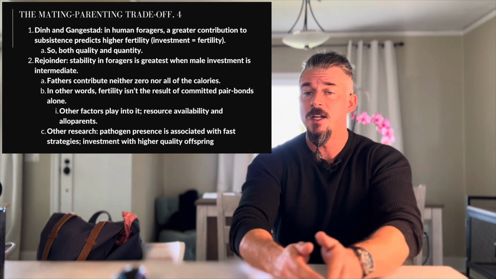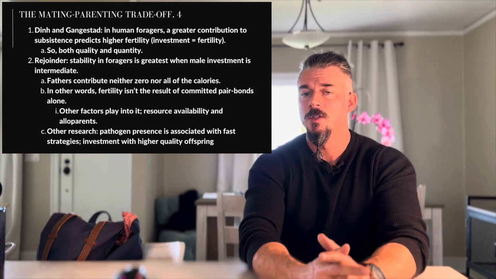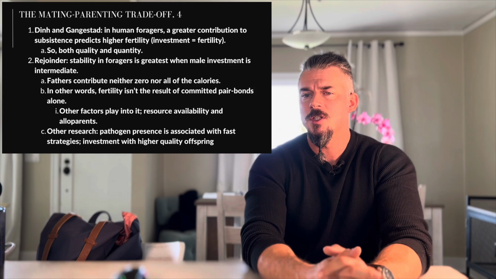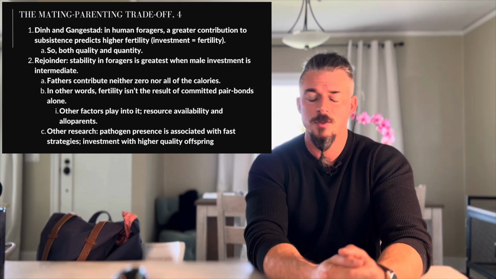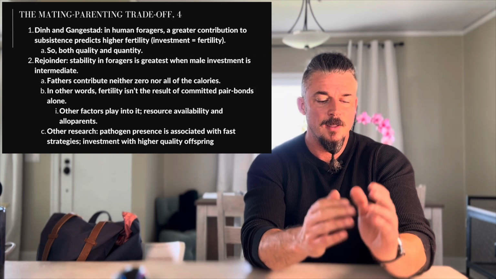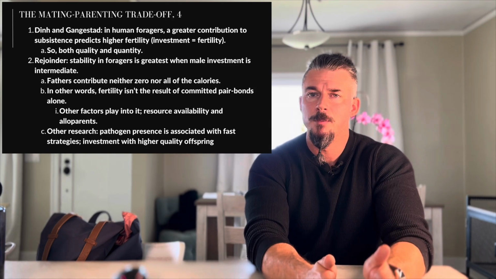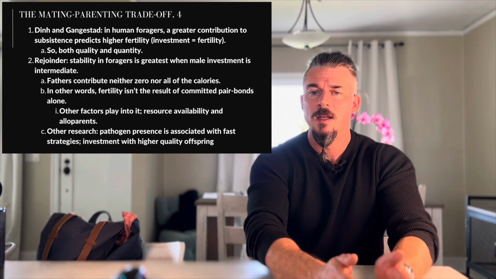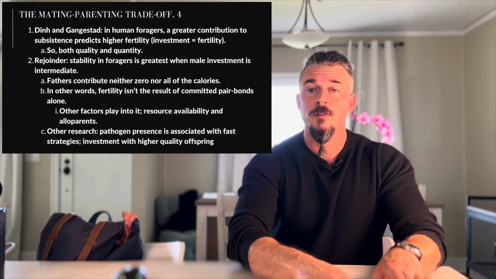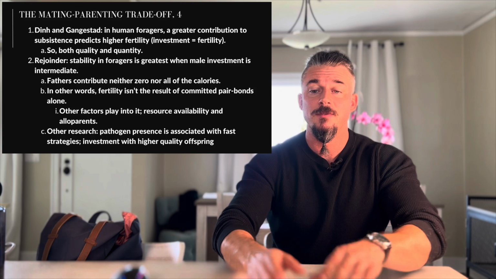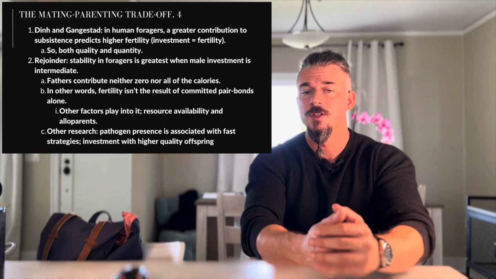So you have some intermediate level of parental care here. Fertility isn't just the result of committed pair bonds alone. There are other factors that play into it. It's not necessarily that the more the father provides, the higher the fertility will be. There are other things: what resources are available in the environment, the role of alloparenting, the extended family, and to what extent they are also provisioning.